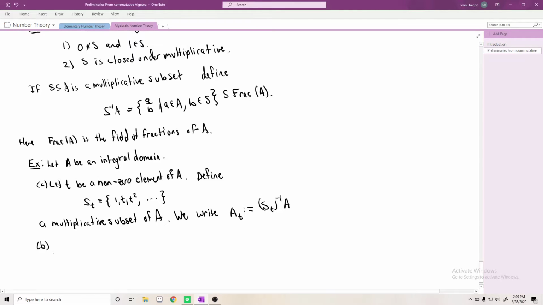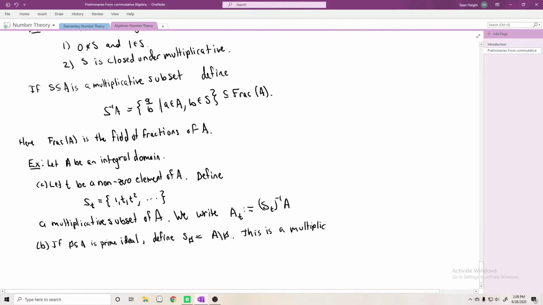So for part B, another important class. If P, a subset of A, is a prime ideal, we can define S sub P to be A minus P. This is not a localization, but a multiplicative subset.